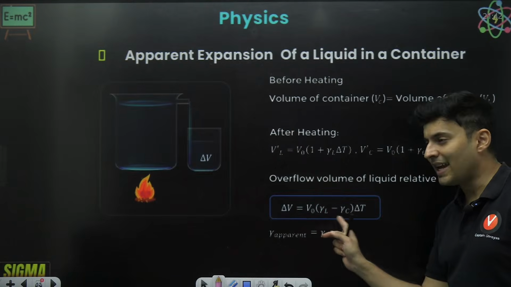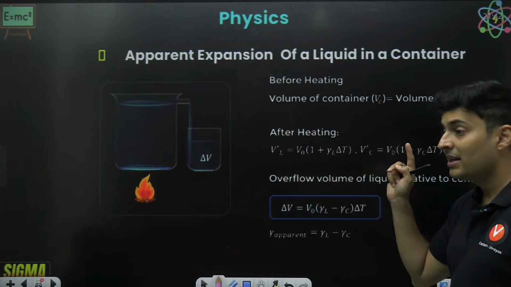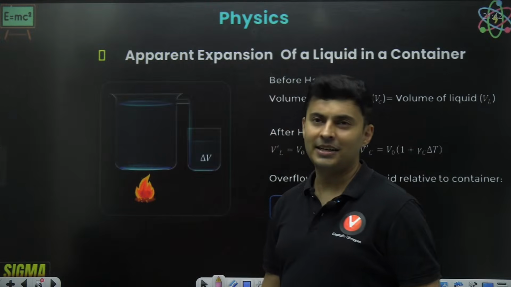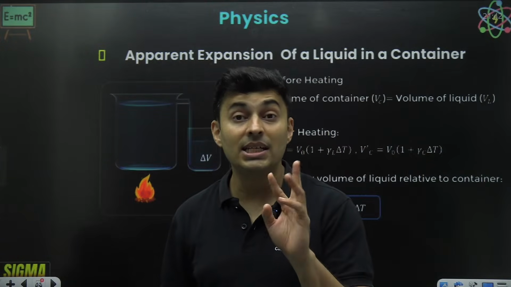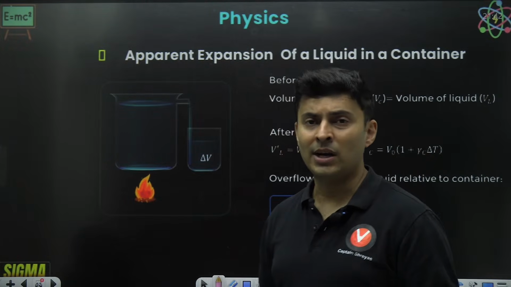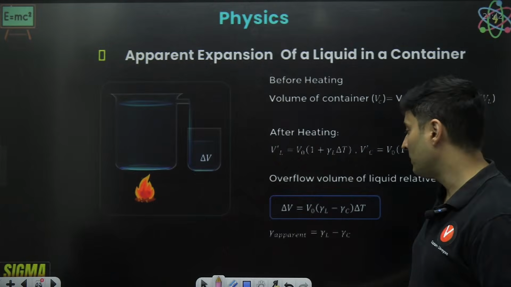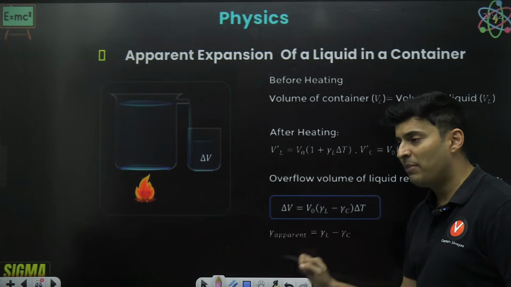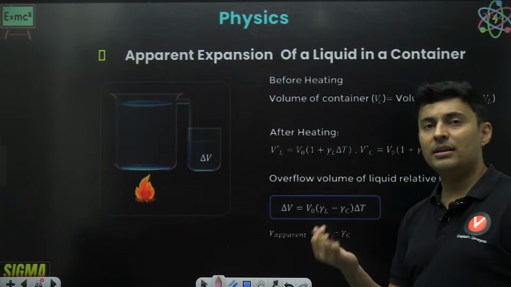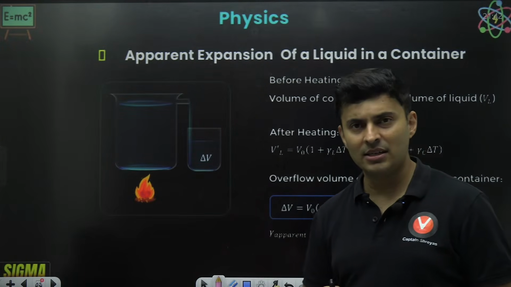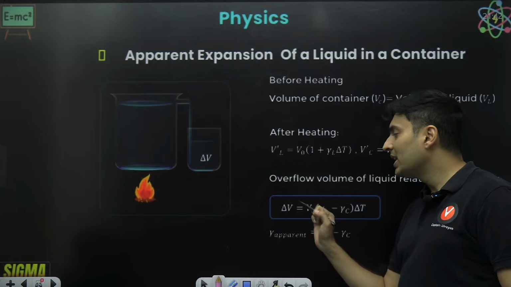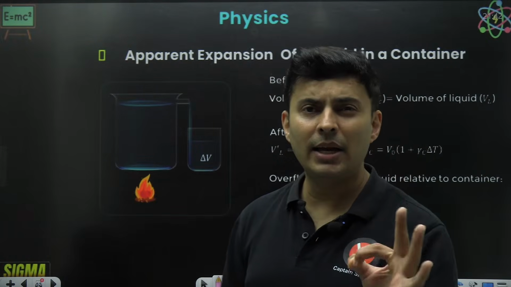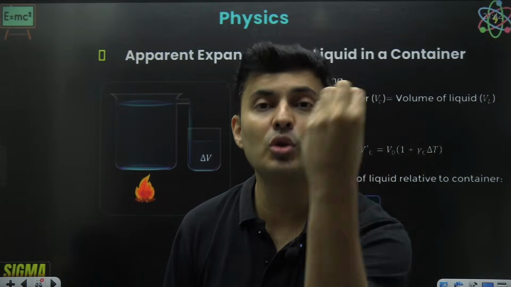Then instead of gamma, you will have the difference of the gamma of the liquid inside and the gamma of the container. That difference is called the apparent gamma, the apparent coefficient of expansion. That will give me the apparent change in the volume, which is noticed.